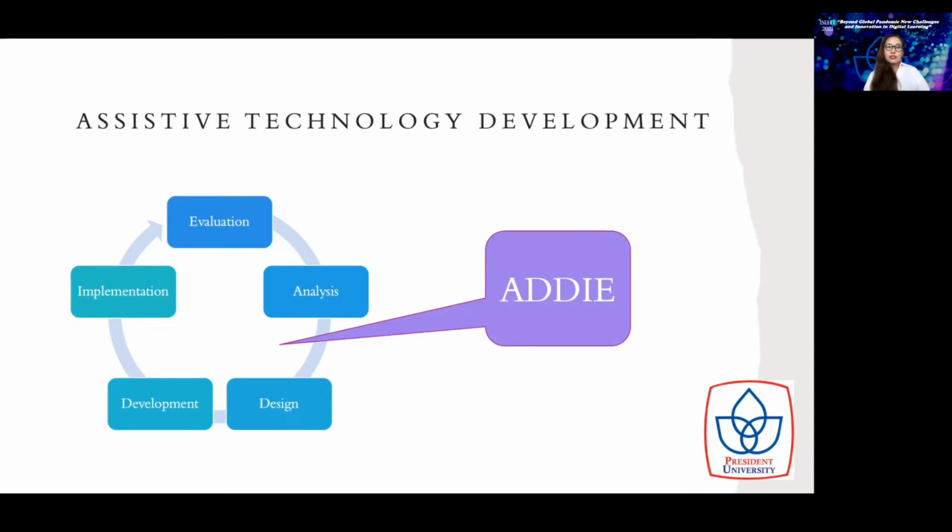During the analysis, we distributed survey questionnaires to our students to identify the needs, especially of the students with special needs. In the second stage, we described the details of the type of software that would be developed, focusing on the usage, the features, the user interface, and user experience.